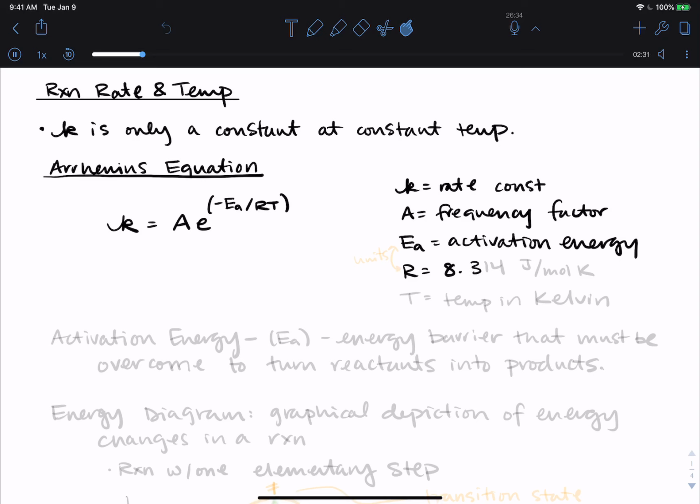So it's 8.314 joules per mole Kelvin, which, just a heads up: if your R value is in joules per mole Kelvin, and you're up here with the activation energy, you've got to watch the units between activation energy and your gas constant. And then T is the temp in Kelvin.